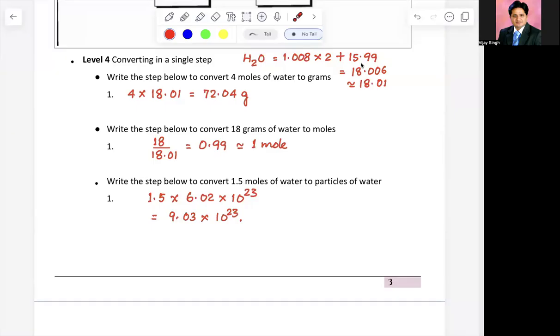Then the third part of the question is, convert 1.5 moles of water to particles of water. Now, you know that 1 mole has Avogadro's number of particles, that is 6.02 times 10 to the power 23. So you multiply 1.5 times 6.02 times 10 to the power 23, and that gives you 9.03 times 10 raised to the power 23.